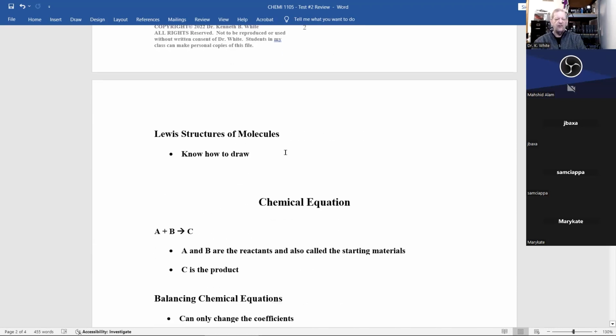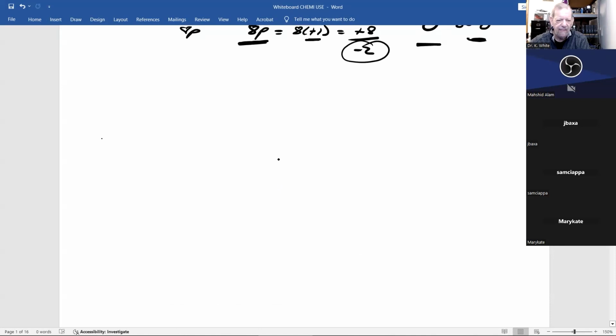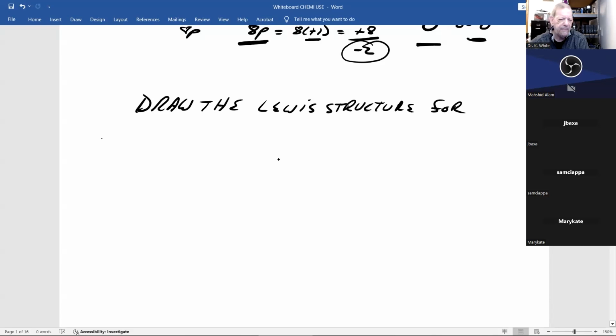And you should know how to draw the Lewis structures. And what do I mean by that? 80% of the air you're breathing right now, and I hope you all are breathing, if not, start breathing, is nitrogen.